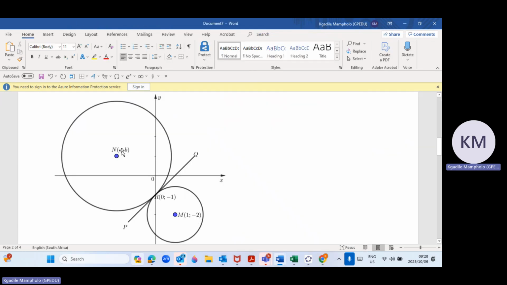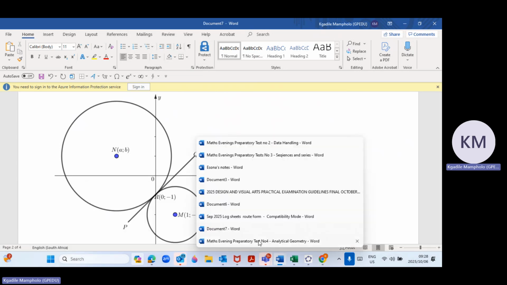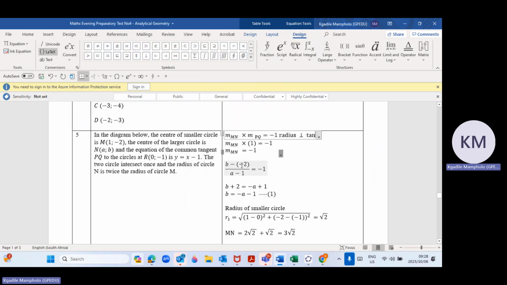X of M is 1. Hence we have b minus -2 over a minus 1, which is the gradient formula. Then we say equals -1. Then you cross multiply. A minus 1 times minus 1 will be minus a plus 1. Then you take 2 to the other side. Then it will be 1 minus 2, which is -1.